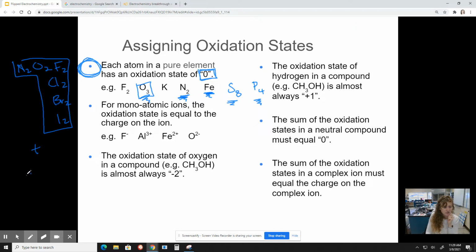And then don't forget hydrogen. Okay, so those are your 7 diatomic molecules, and you should be able to recognize them as elements, which means they have an oxidation state of 0.